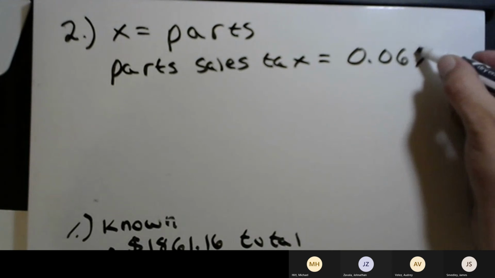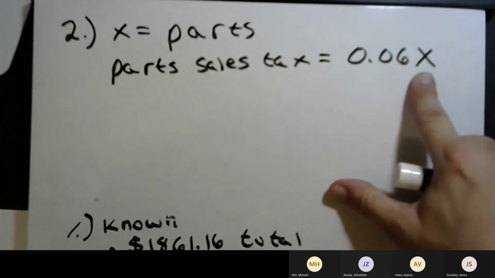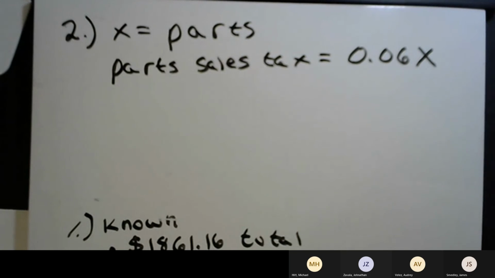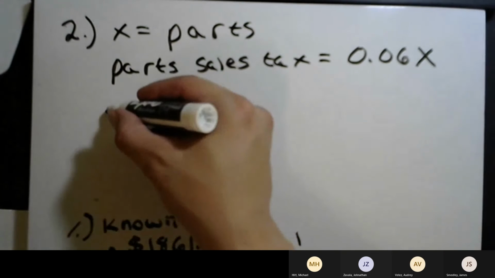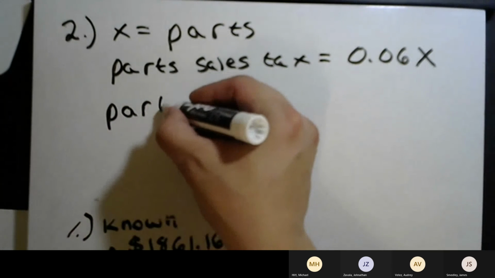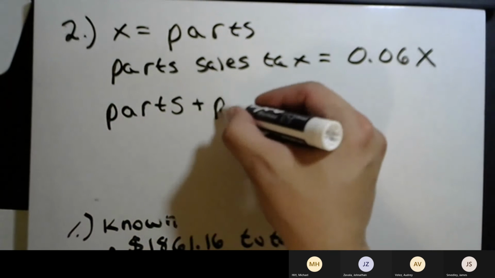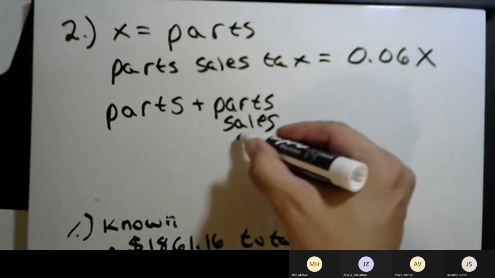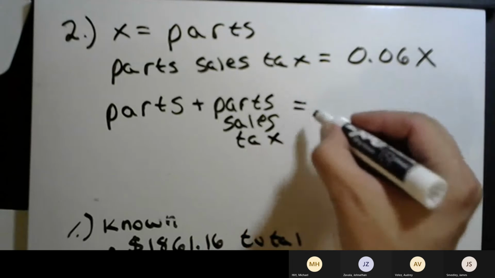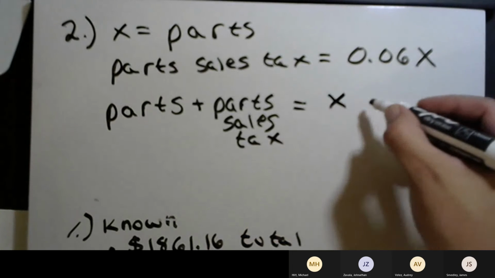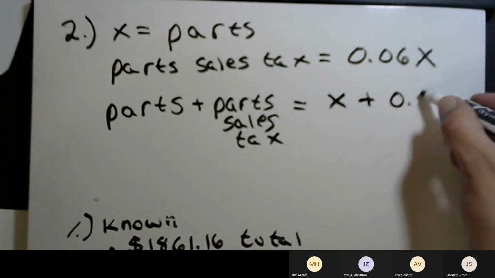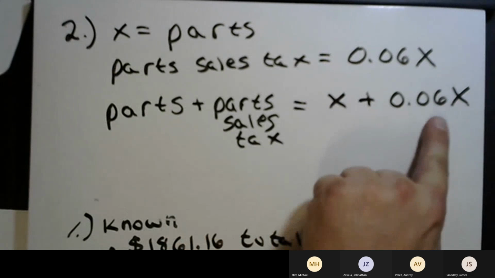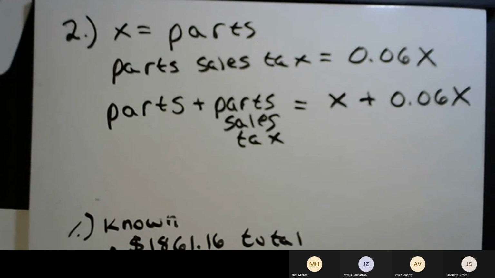It's the rate times the amount, which is parts, and that's represented by X. So that means parts plus parts sales tax is going to be X plus 0.06X.